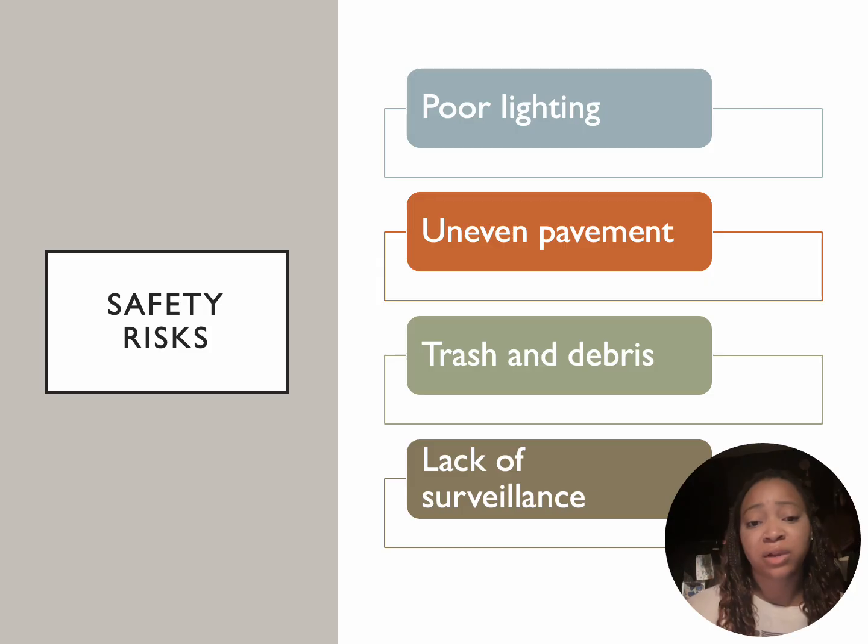For instance, if I go to the bus stop and I see that it's raining, or the conditions are not up to par, or I feel like I'm not safe, then that will prevent me from catching the bus, which may be my only means of transportation to go to work or school or to the grocery store or to the doctor's office. And so I might neglect my needs and not go, and it'll negatively impact your overall quality of life.